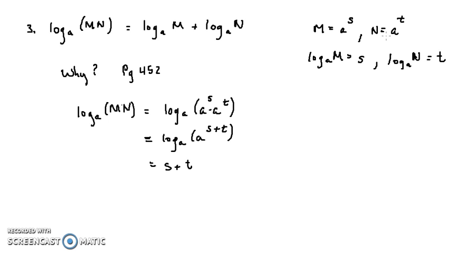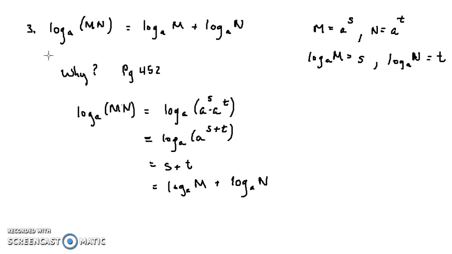So s is the same as log base a of m, and t is the same as log base a of n. We get this property by looking at exponential rules. This is where we get the multiplication going to addition. That's actually a rule that you already knew. We're just looking at it in a different form with logarithms. Remember, logarithms are exponents, so the rules are tied into exponential rules.